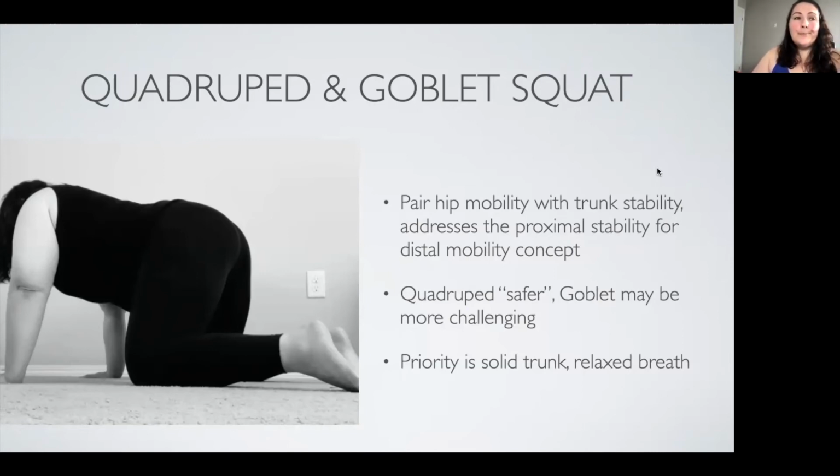This is a model or a concept that was popularized by Gray Cook, and it's often referred to as the joint by joint approach, where some joints tend towards more stability while others tend towards more mobility. And the hip joint is a mobile joint. It is a ball and socket joint. So the structure alone tells us that that joint is designed to be super, super mobile.